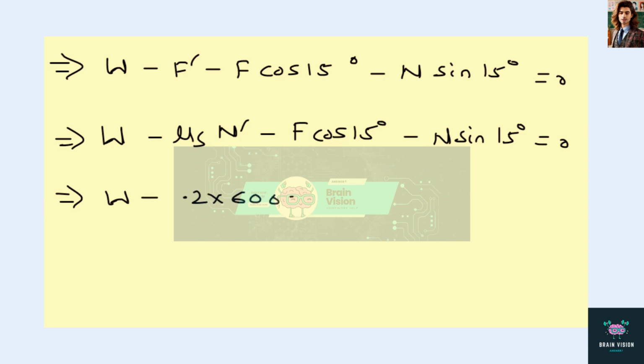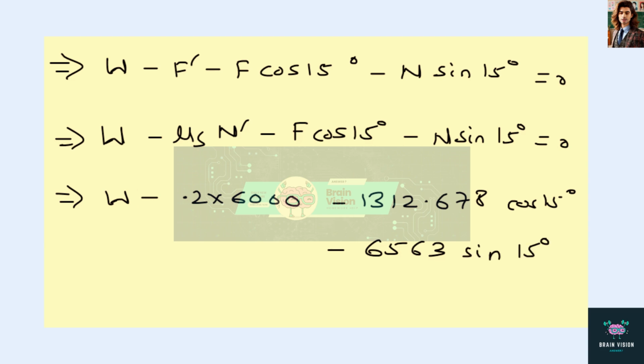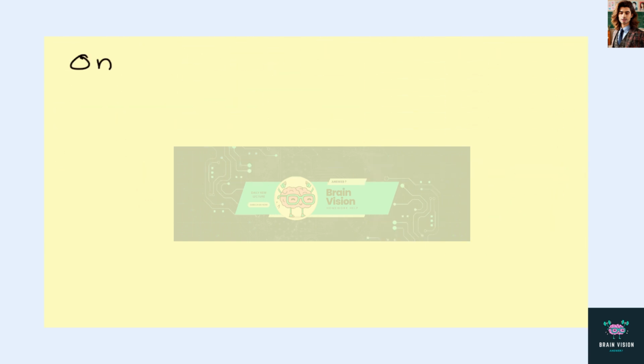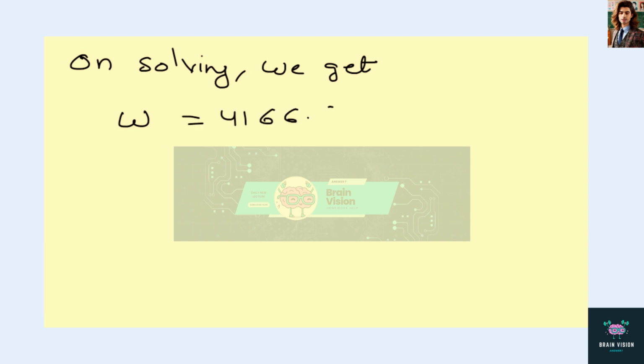So W minus 0.2 into 6000 minus 1312.678 cos 15 degree minus 6563 sin 15 degree is equal to 0. So on solving, we will get W is equal to 4166.68 Newton. We just solved the upper equation.